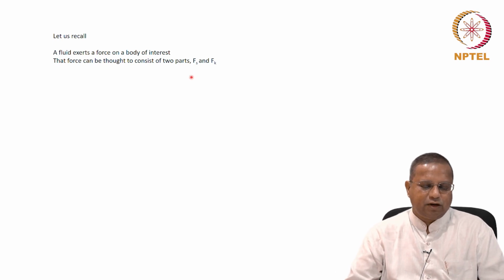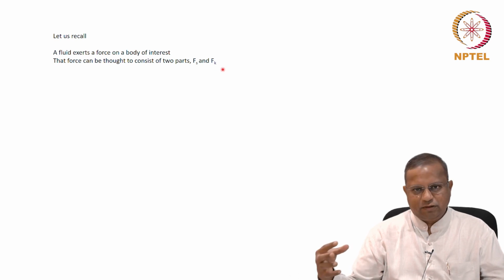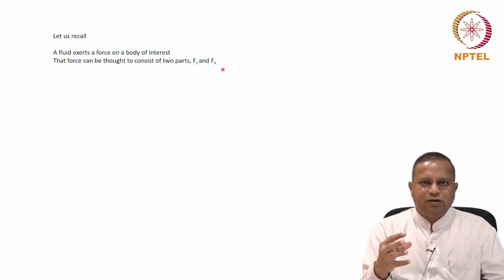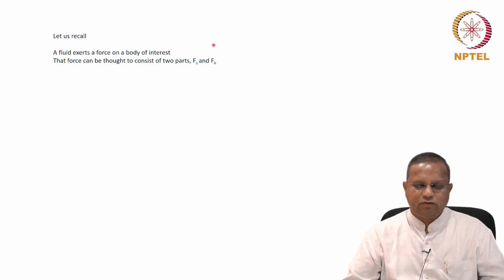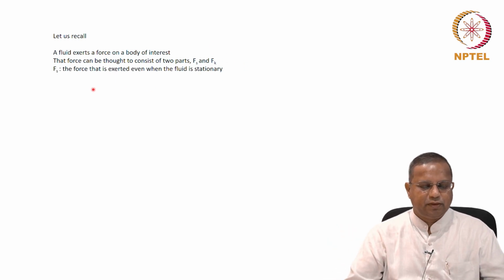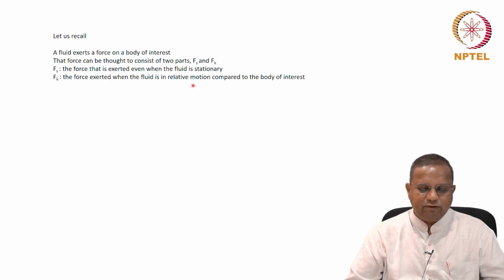So the force due to that hydrostatic part is called the static force, and the force that is brought about because the liquid is moving is called the kinematic part, Fk. Fs, the force that is exerted even when the fluid is stationary, and Fk, the force exerted when the fluid is in relative motion compared to the body of interest. A is the appropriate area.